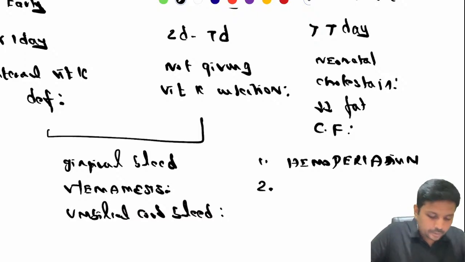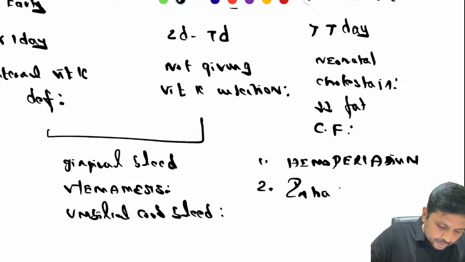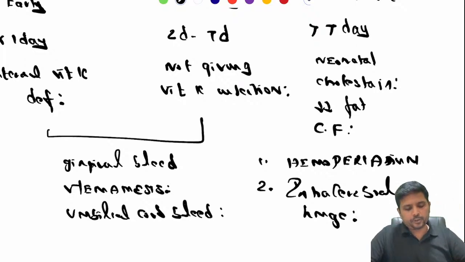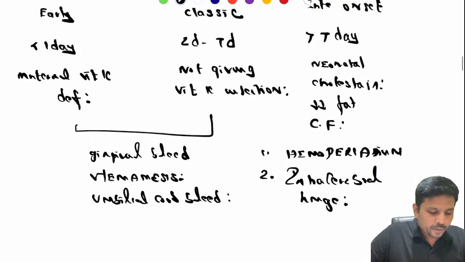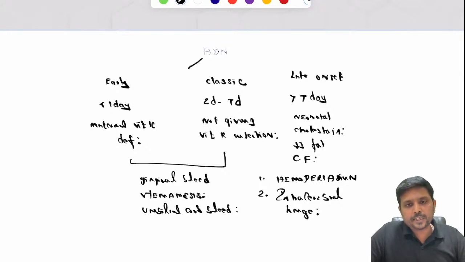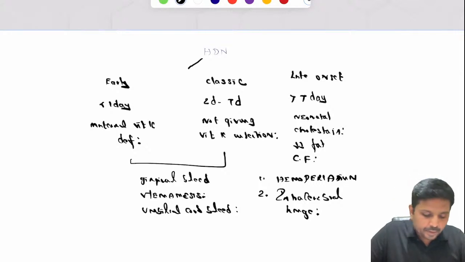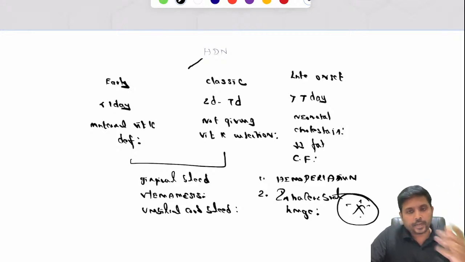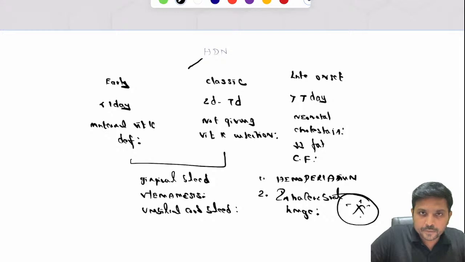The most dreaded complication is intracerebral hemorrhage. So this is very, very important. Early or late onset HDN is prone to produce intracerebral bleeds. So these are all the three types of HDN.